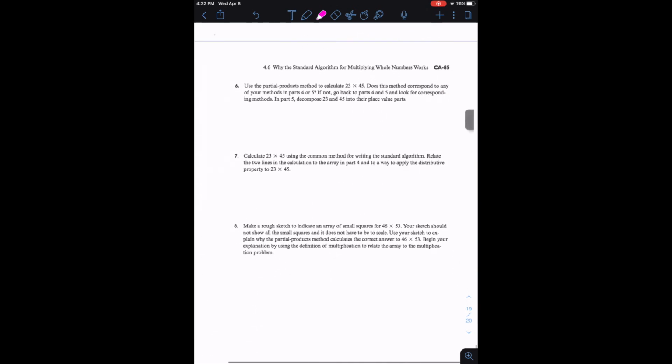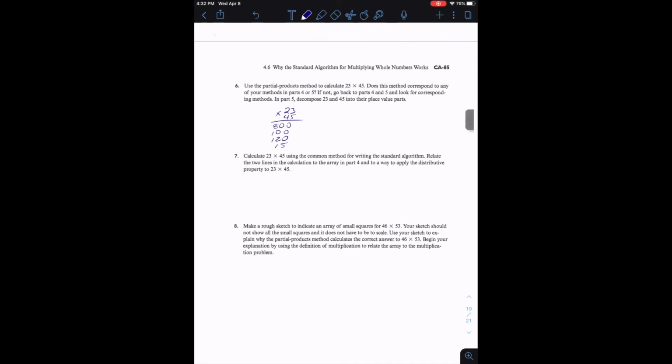Now, what this is asking is, let's connect other algorithms as well. So for example, the partial products method to calculate 23 by 45. Let's take a look at this. If we do 20 times 40, we get 800. 20 times 5, we get 100. 40 times 3, we get 120.